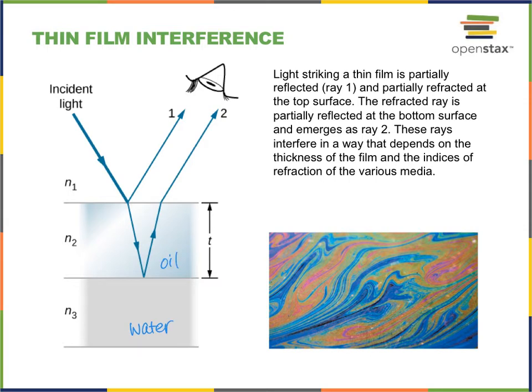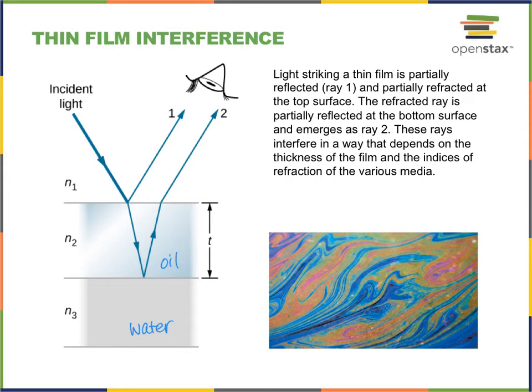The idea is we have some light that comes in and hits the surface of the top layer. Some of that light is going to be reflected right off the top. That's ray 1. Some of the light that hits the boundary is going to go down through the thin film, that's the oil film, and it'll reflect off the top of the water and then come back out.